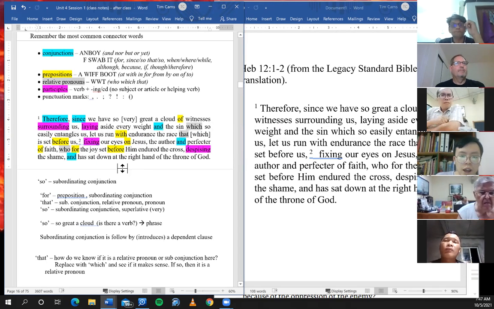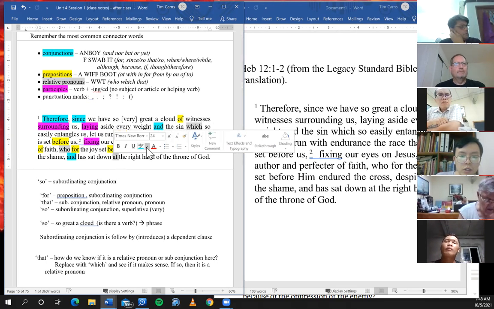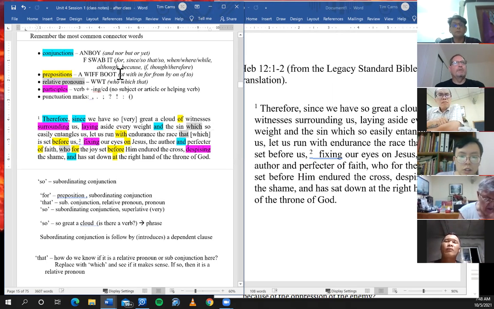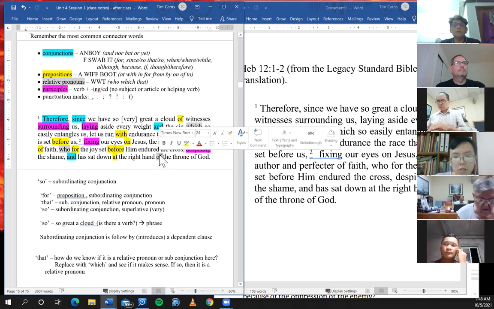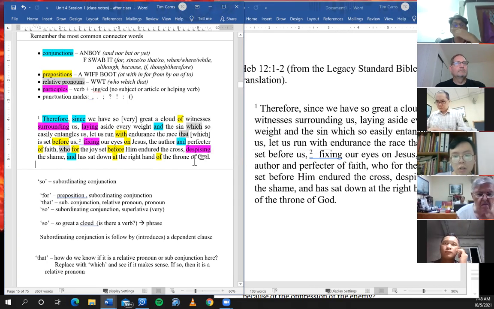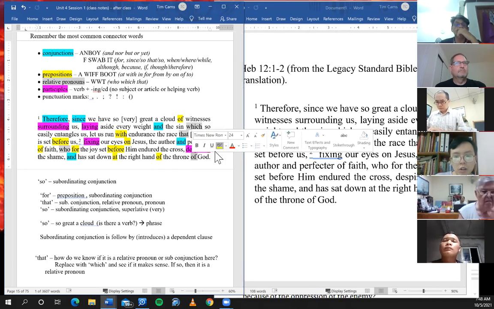And set down, at is a preposition. And at the right hand of is a preposition, of the throne of God, another preposition, of God.